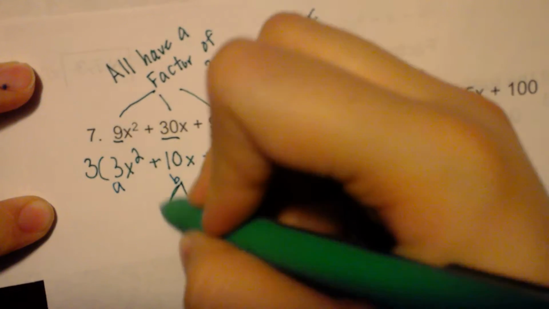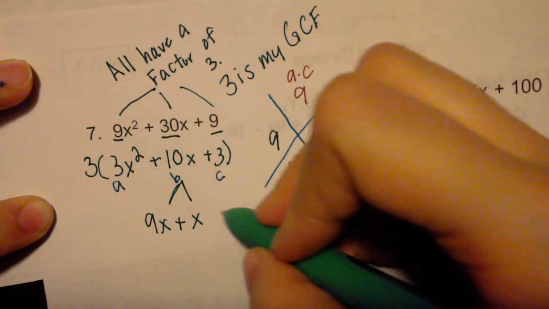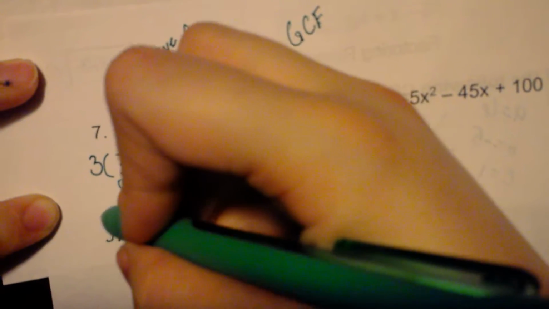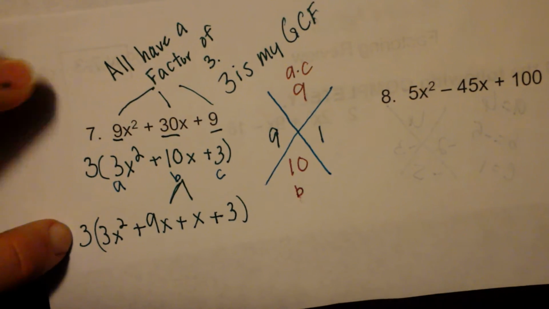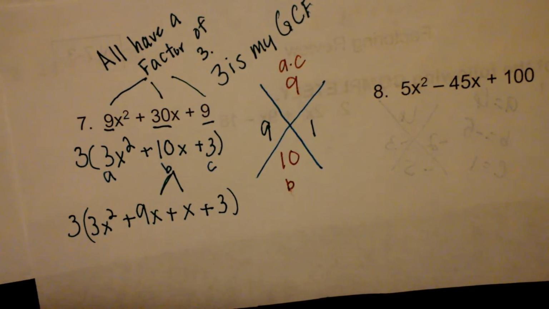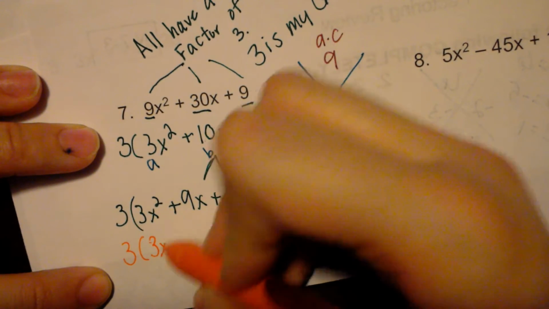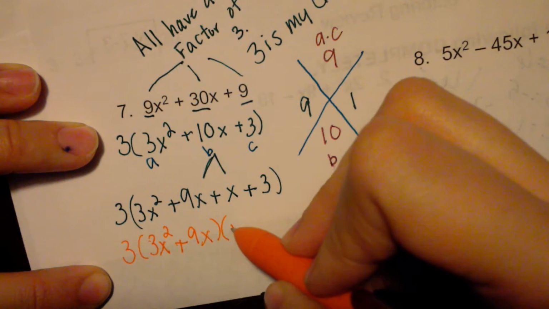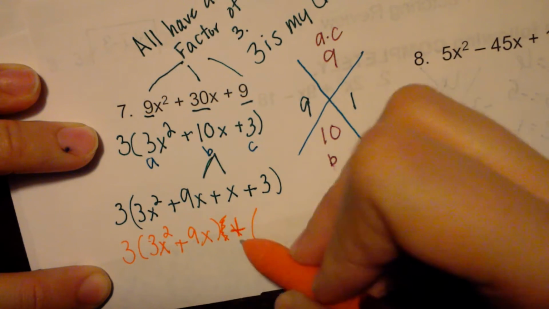So I split 10 into 9x and x. I need that 3. So again, I'm going to separate the first and the last terms. I need a plus.